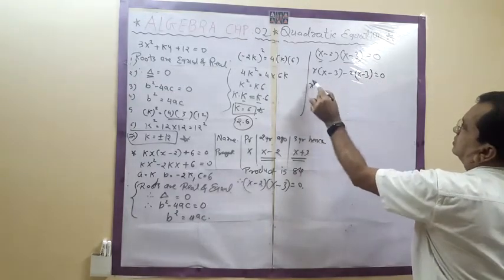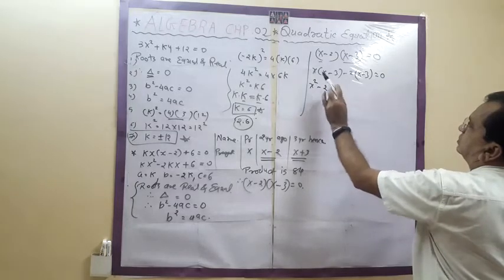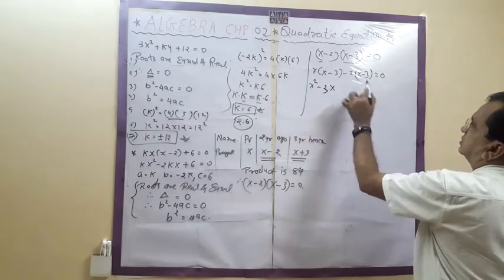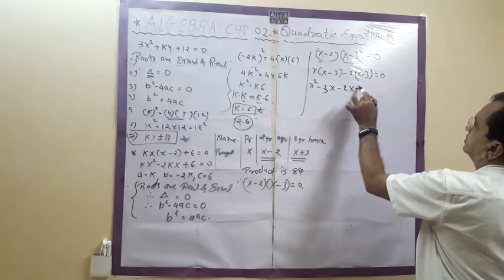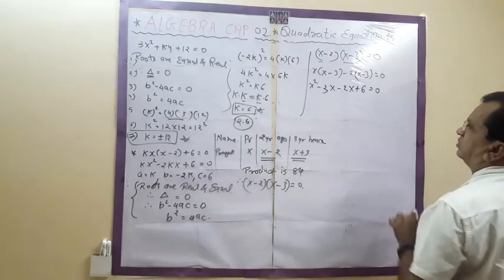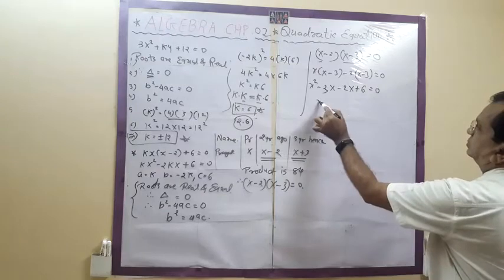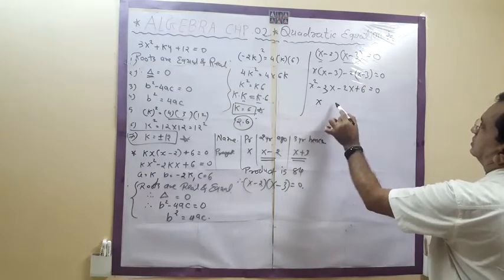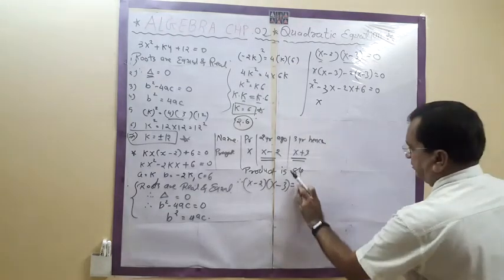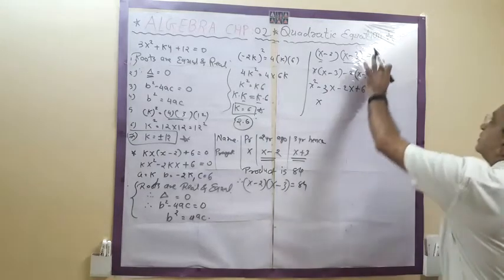This into this, x square minus 3x minus 2x plus 6. Correct? Sorry, it is given as 84, sorry.